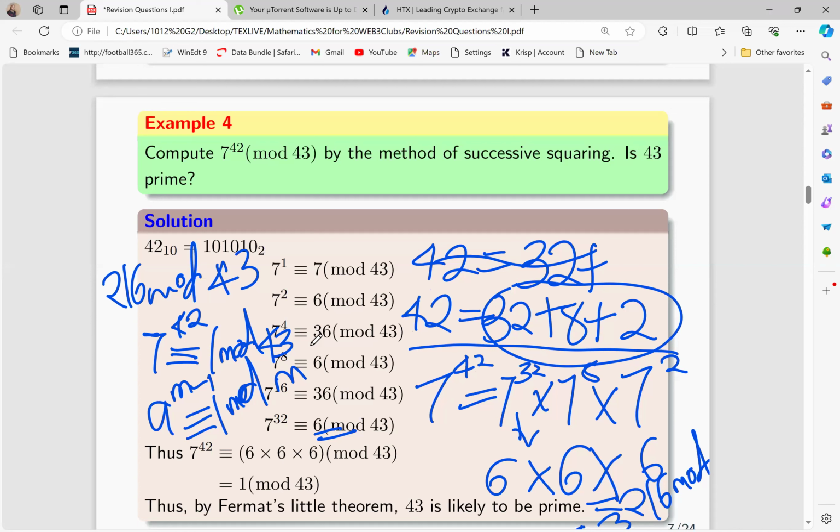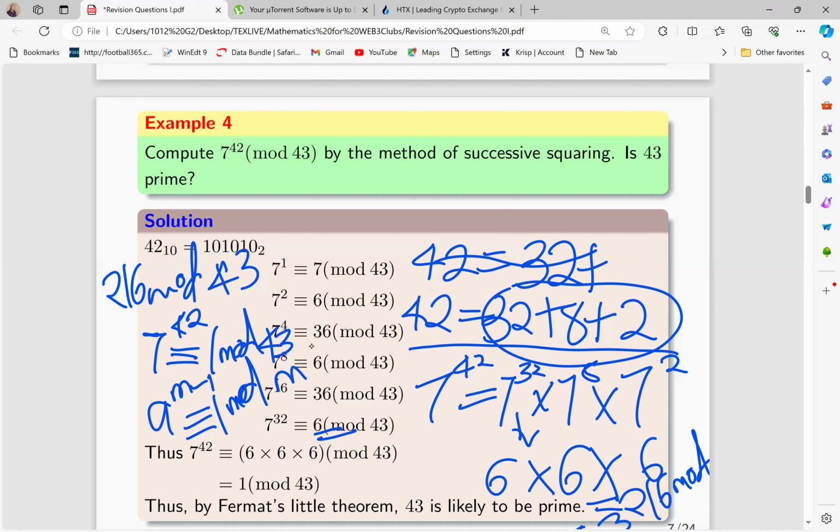Now you go to 7 power 8, you square 36. You leave it the way it is. Alternatively, divide by 43 and find the remainder.